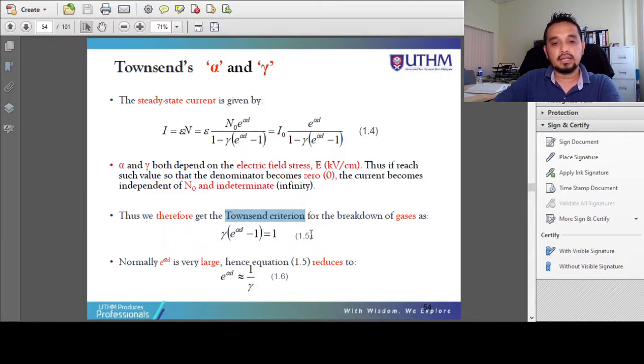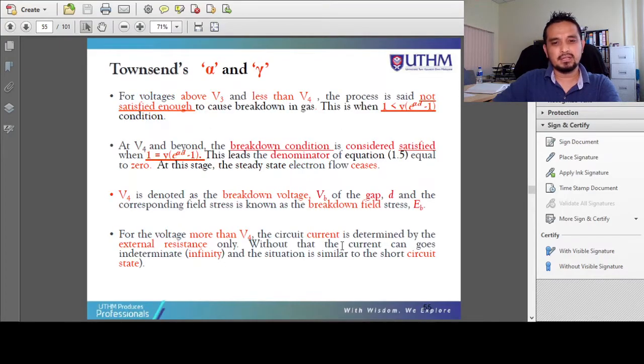This is known as the Townsend criterion. And if Ed is very large, the equation can be rewritten as e to the power of alpha d is equivalent to 1 over gamma. This is just a brief on the derivations.